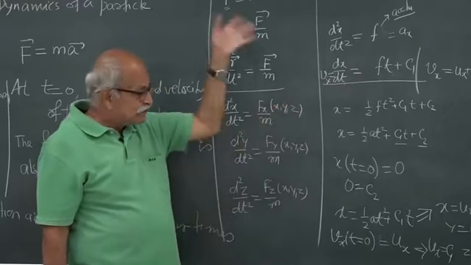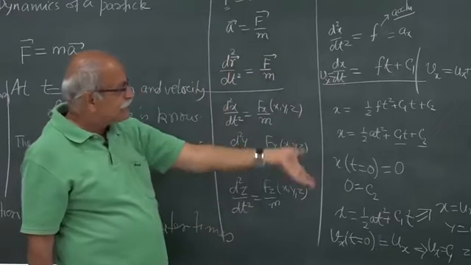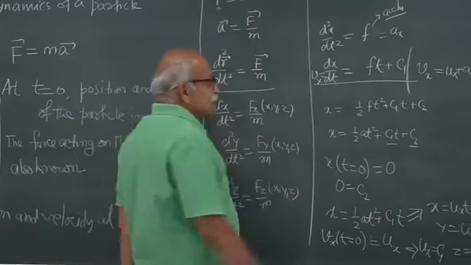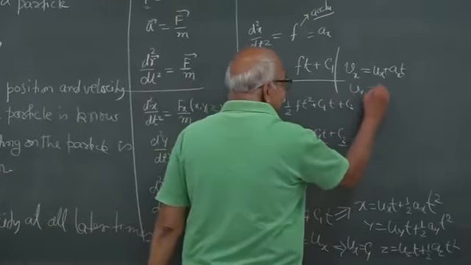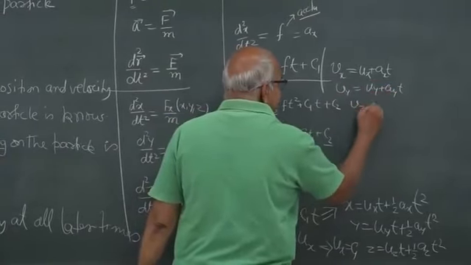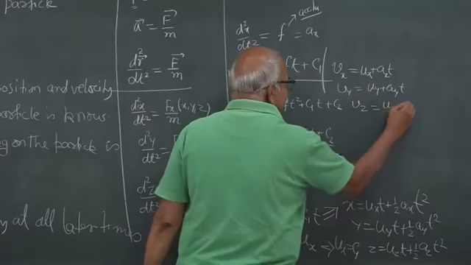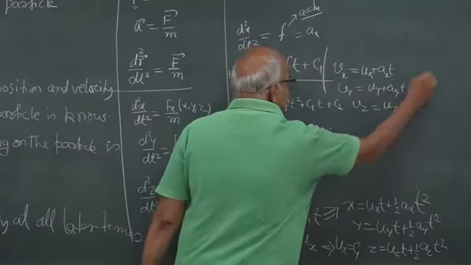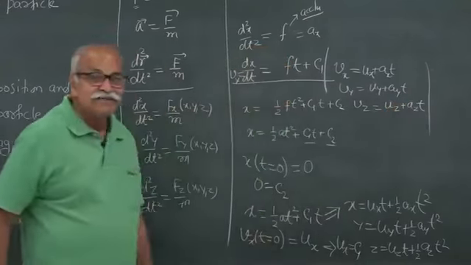So, those methods can be applied. Finally, you can get x, y, z, finally you can get Vx, Vy, Vz. So, Vx is this, Vy is this and Vz is this.